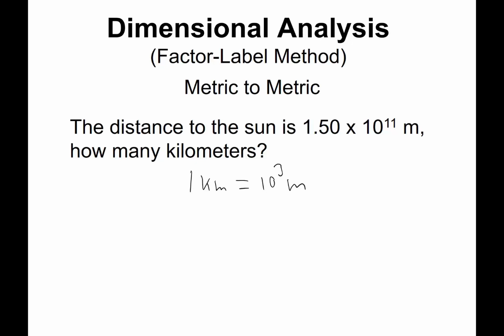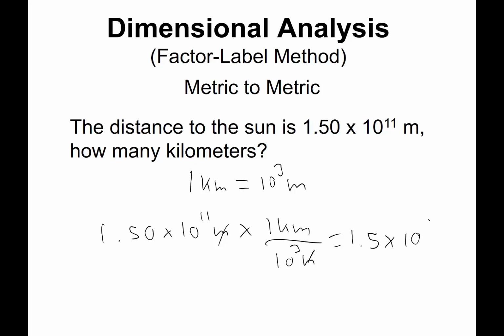K is a prefix of 1,000, and so we have 1.50 times 10 to the 11 meters times 1 kilometer divided by 10 to the 3 meters, which will give us 1.50 times 10 to the 8 kilometers. And I forgot the 0 because we have 3 significant figures.